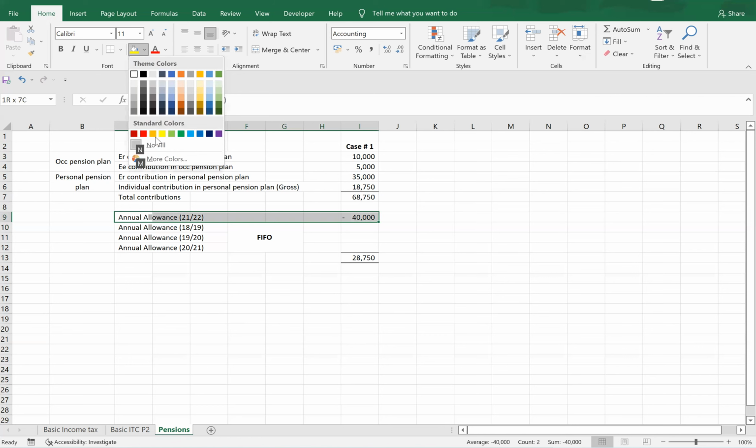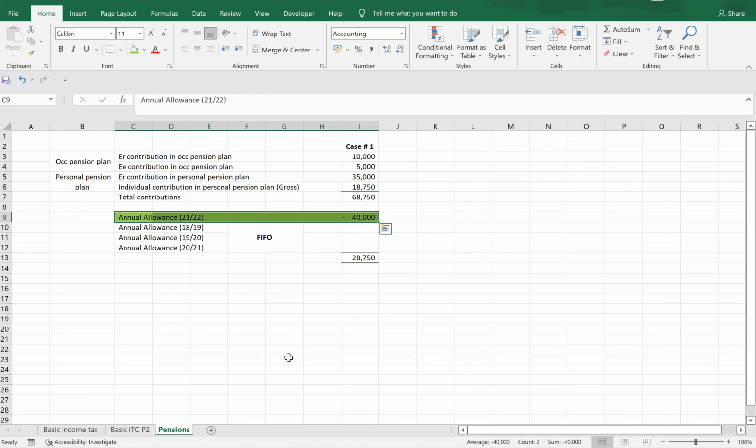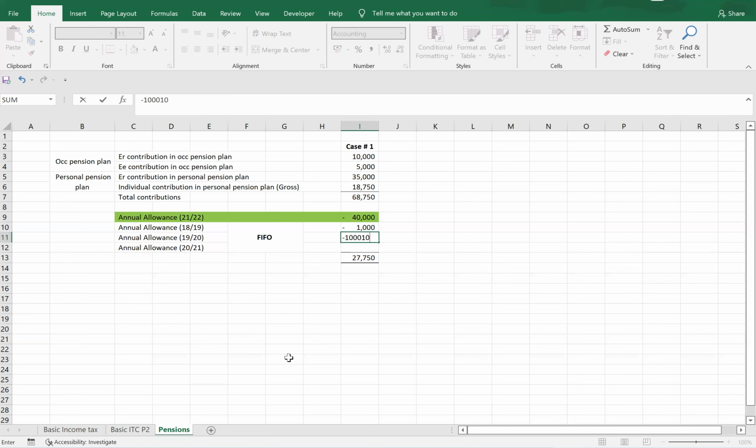Okay. Assuming, let's work it out. Let's say each year I've just got 1,000 available. That means I've still got some excess remaining. Do you agree?